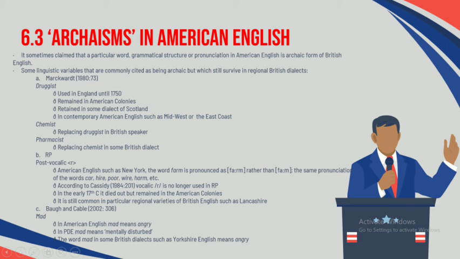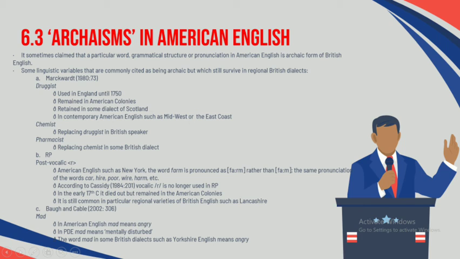According to Cassidy, post-vocalic R is no longer used in RP. In the early 17th century, it died out but remained in the American colonies. It is still common in particular regional varieties of British English such as Lancashire.